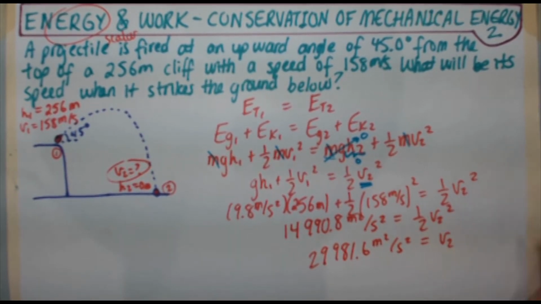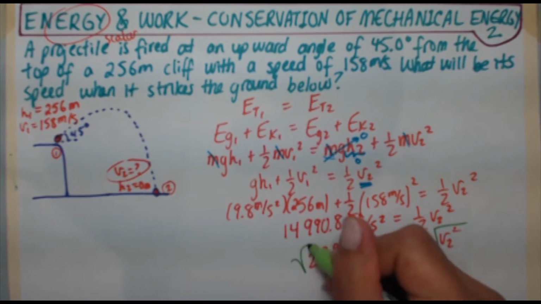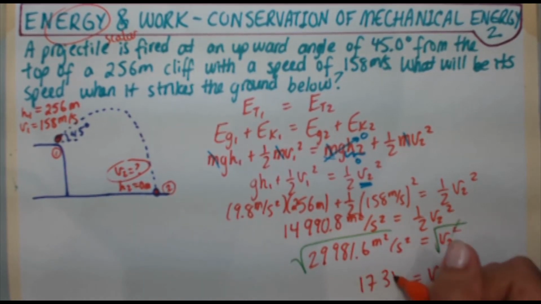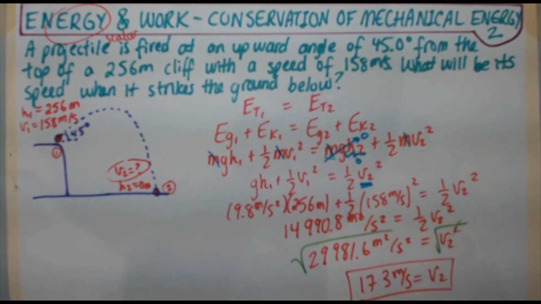Right now that's equal to v2 squared. Take the square root of both sides. That'll cancel the square there, and so you're just going to be solving for v2 now. So square root this big number and you will end up with v2 equals 173 meters per second, which is accurate to the correct number of sig figs, which is 3. So that is the answer to this problem.